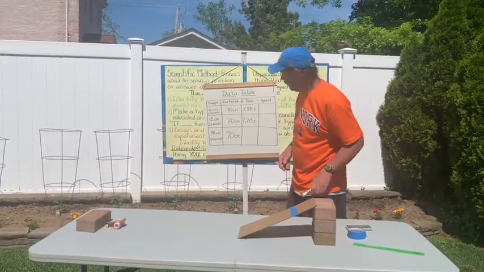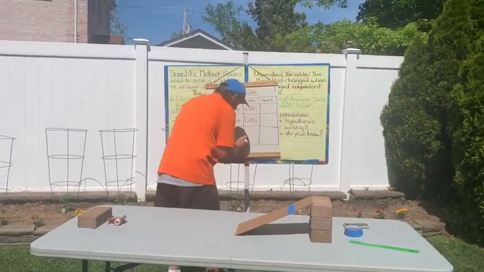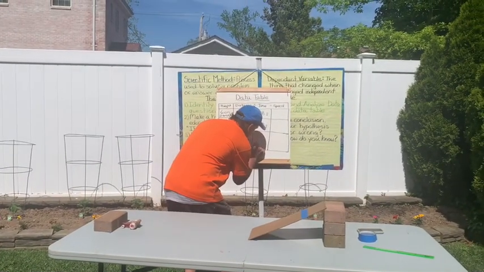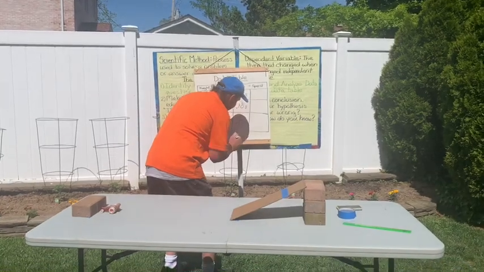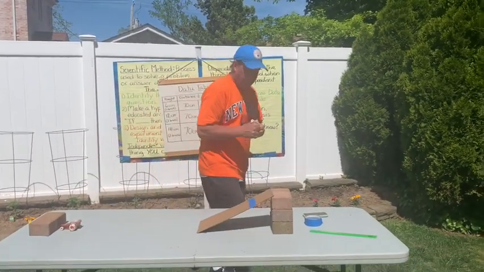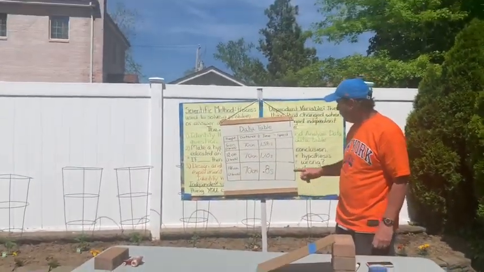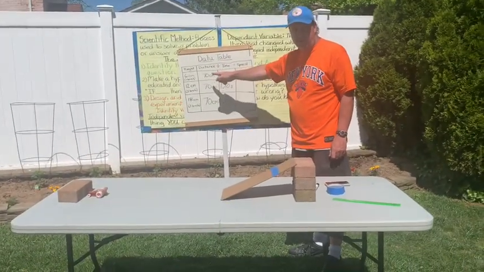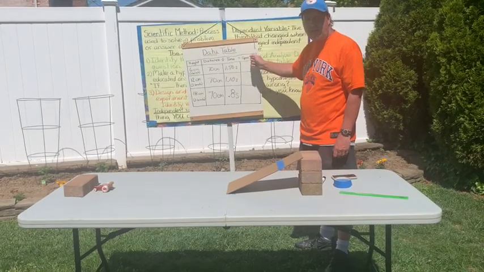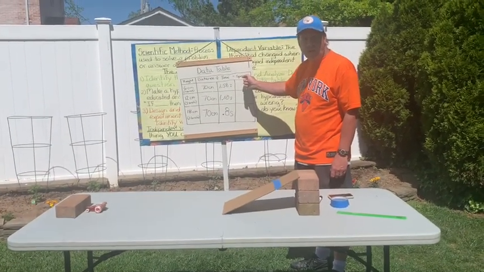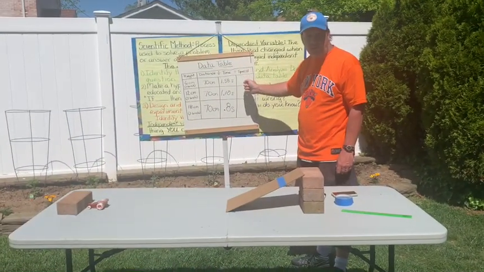So we'll fill in our data table. 0.8 seconds. So now the last thing we have to do is take the distance of 70 centimeters, divide it by the time, and find out how fast the car was going with each different height of the ramp.